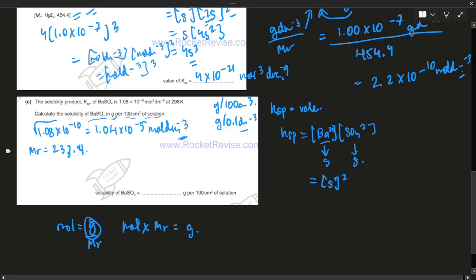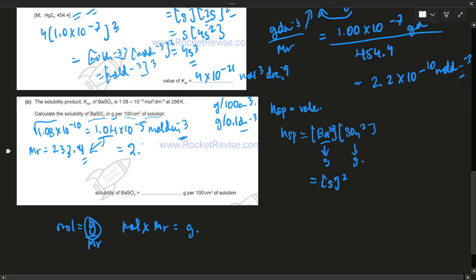I'm not sure, I don't remember, but I'm pretty sure this is the answer anyways. So all you have to do now is multiply this value, which is the solubility, with the Mr. This should give you a different value. Let me just calculate it real quick.